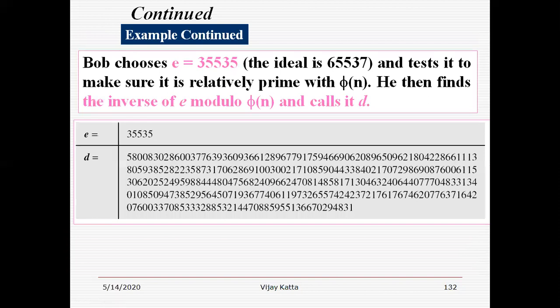Then E is randomly chosen, with value 35,535. It should be relatively prime to phi N, and then we calculate the inverse value, that is D. So if the value of E is this, we will get the corresponding D value. This is again a single number. Now this is the complexity of the algorithm.